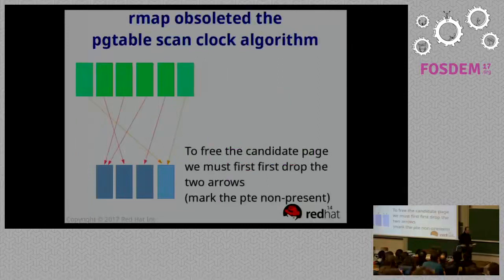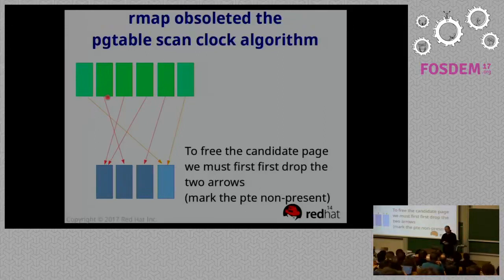So the next step is the 2.6 kernel, also 2.5, but the final version was 2.6, was to introduce rmap, which means reverse mapping. If you remember, I showed you before the page tables, which effectively decide where the memory of your program resides in the physical memory.